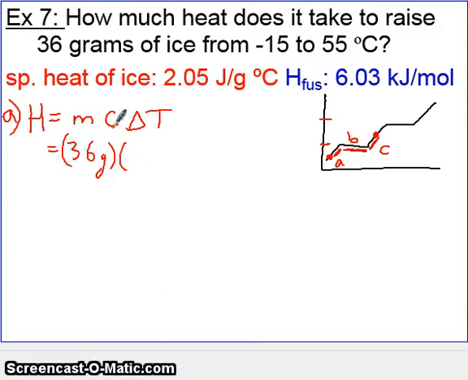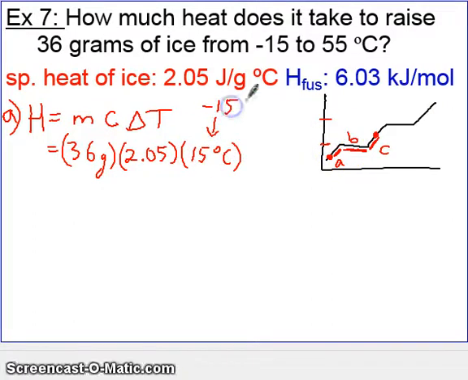C, the specific heat of ice, is given to us as 2.05 joules per gram degree Celsius. And the change in temperature is just this portion right here, from negative 15 up to 0 degrees Celsius, so that's only 15 degrees Celsius.